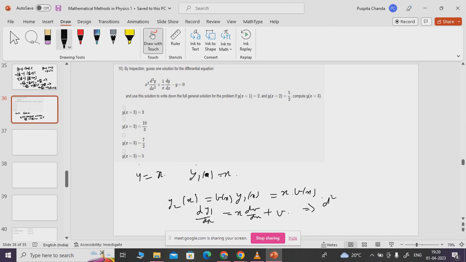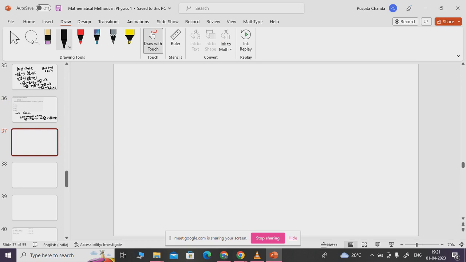After differentiating it with respect to x, we will get x dv dx plus v, and after taking the double derivative, we will get x d square v dx square plus 2 into dv dx. Now we need to substitute this in the equation.